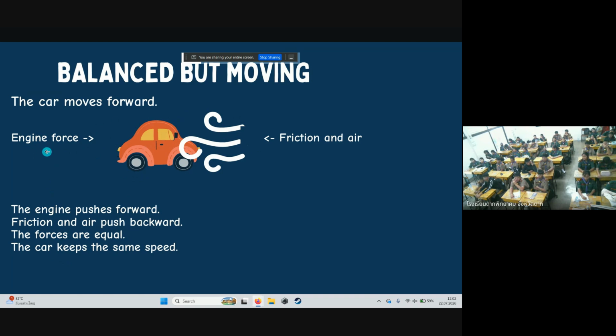If the engine force, and friction and air are equal, the car will keep going at the same speed. It will not stop and it will not turn if the forces are equal.